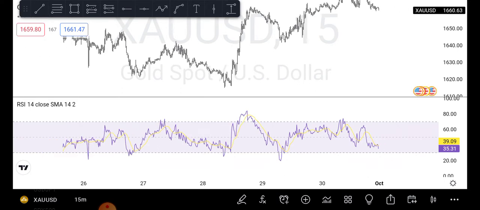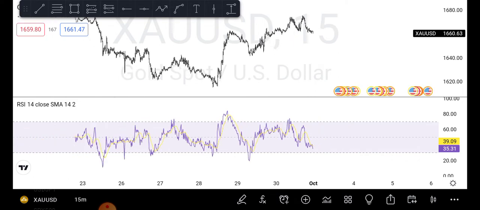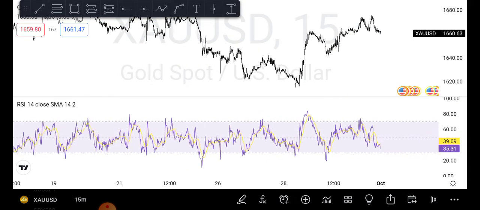And if an asset is rising, it also has potential to rise. So it does not tell us if the market is going up or going down. But there is a feature in the RSI that can be used to filter all the noise, which is the overbought and the oversold feature.